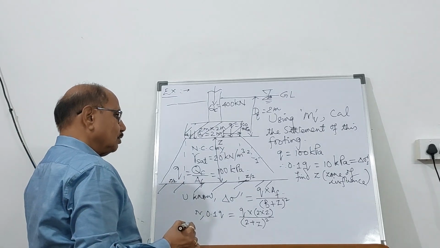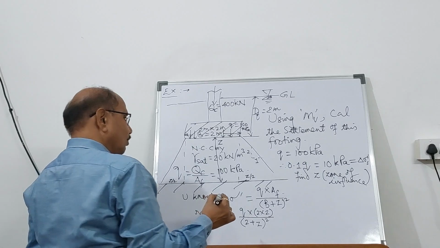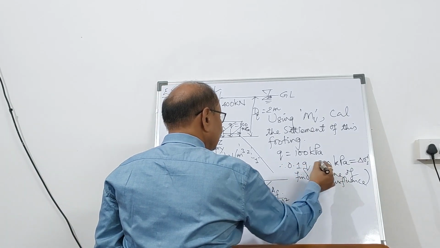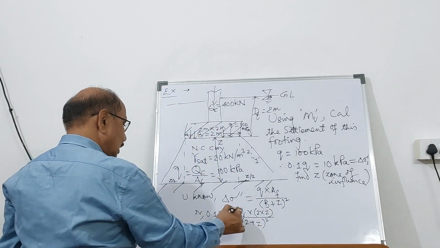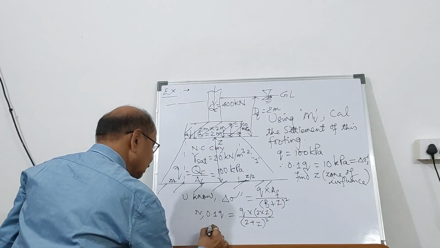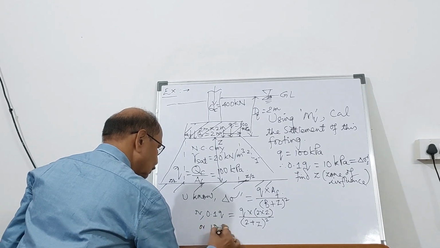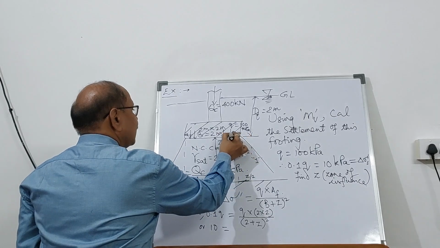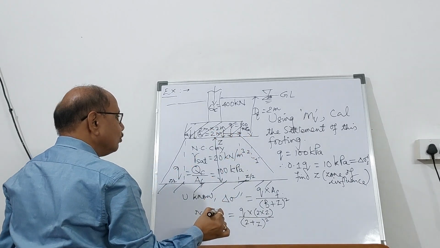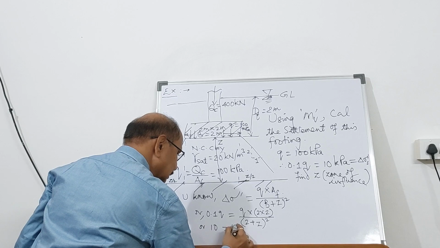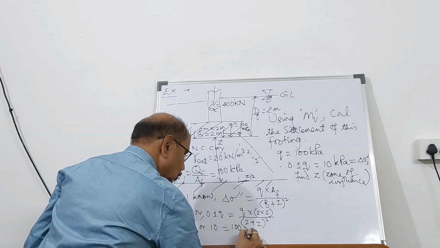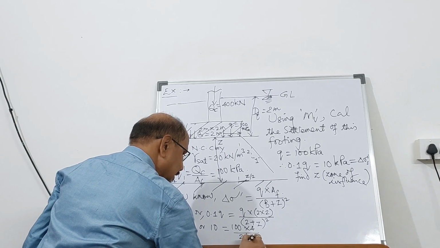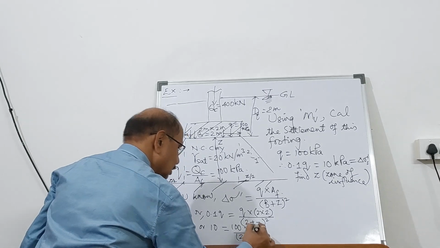So now the value of 0.1 times q is already known to you. It is 10, and so this is 10. The intensity of loading q at the base of the footing due to column load is 100 into 4 divided by (2 plus Z) whole square.